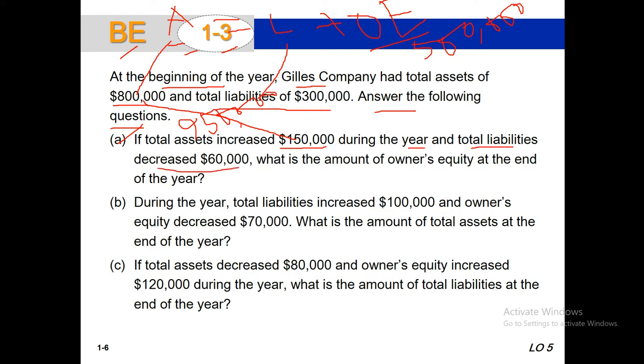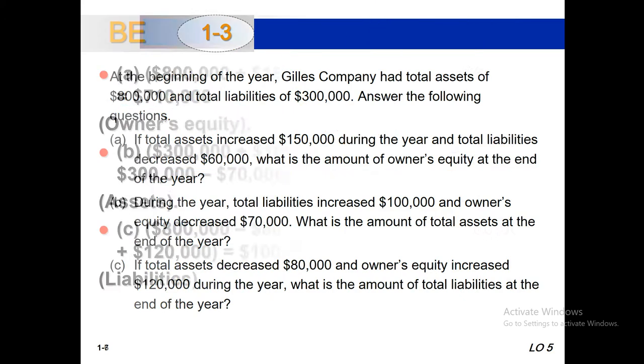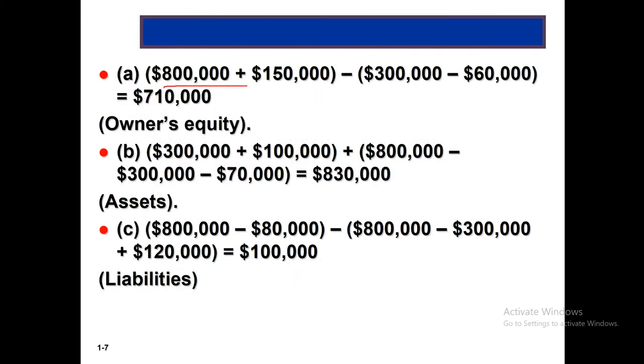So our total liabilities were 3 lakh, and if they decrease 60,000, it will be 2,40,000. Now what is the amount of owner's equity at the end of the year? We can see the calculation. This is our total assets increase, this is the total liabilities decrease, and this is the balancing figure of our owner's equity. I think everybody is clear.